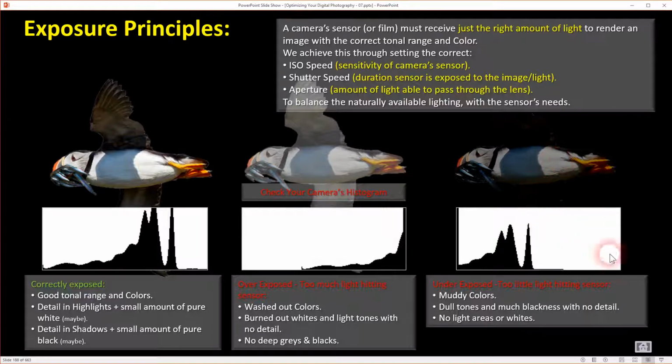Alternatively, for the shadow area, the whole tonal range is shifted to the left, and we've got a huge spike on the left hand side, indicating that we've got a load of pure blacks, no tonal information in a lot of the darker areas. Okay, so the histogram is a really good way of checking your camera has got the right exposure. Okay, and say these are clipping indications, no detail if it's clipped.